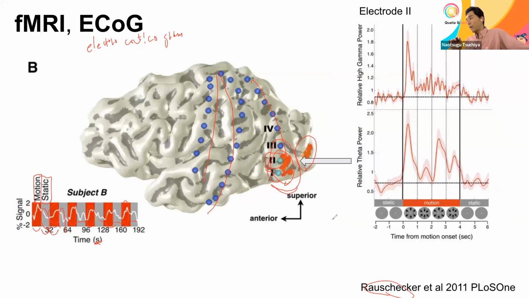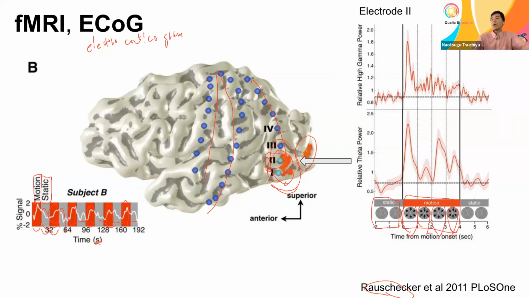And unlike fMRI, electrocorticography, ECoG, can be measured at very high temporal resolution, like 2000 hertz. So they can shorten the duration of the stimulus much further: 2 seconds of the static stimuli and then 4 seconds of the moving stimuli. 1 second expanding, 1 second contracting, 1 second expanding, 1 second contracting.